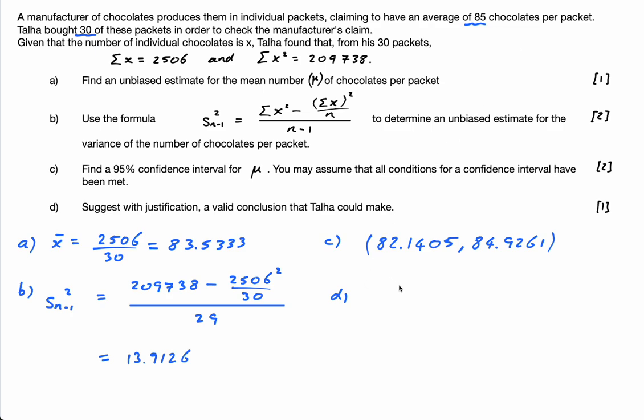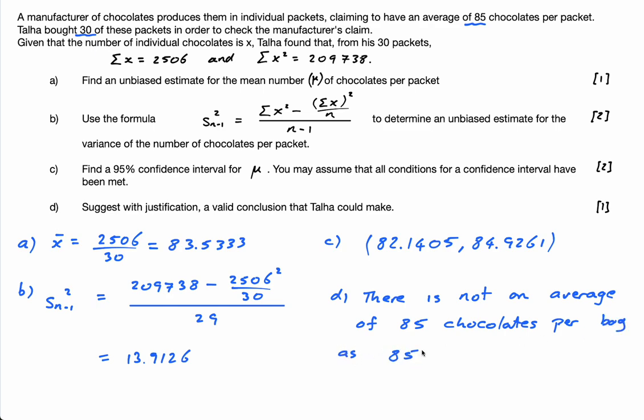So Tala can conclude that there is not an average of 85 chocolates per bag, as 85 is outside the 95% confidence interval.